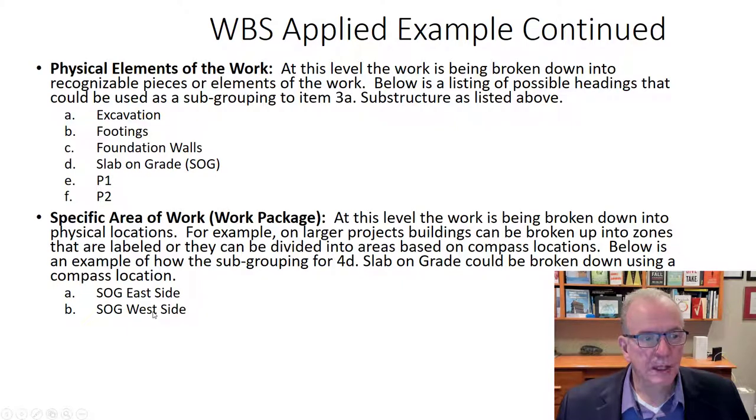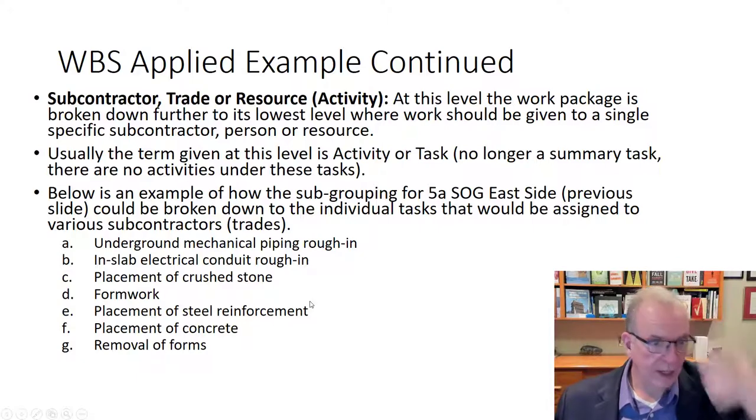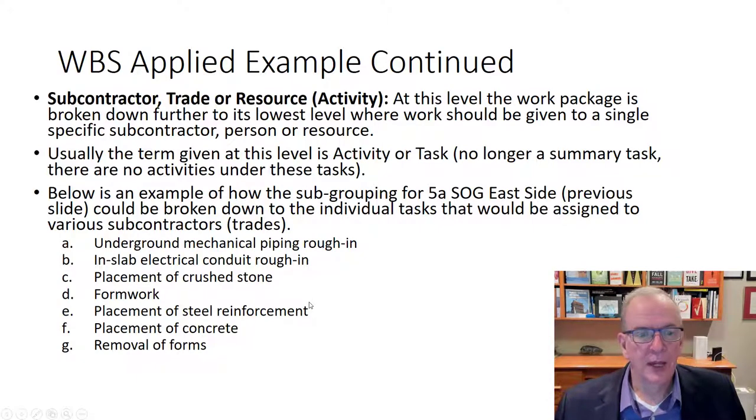So basically I've broken that down into 2 sections. There I'm getting down to the specific areas of work where I'm going to have the activities at the lowest level.